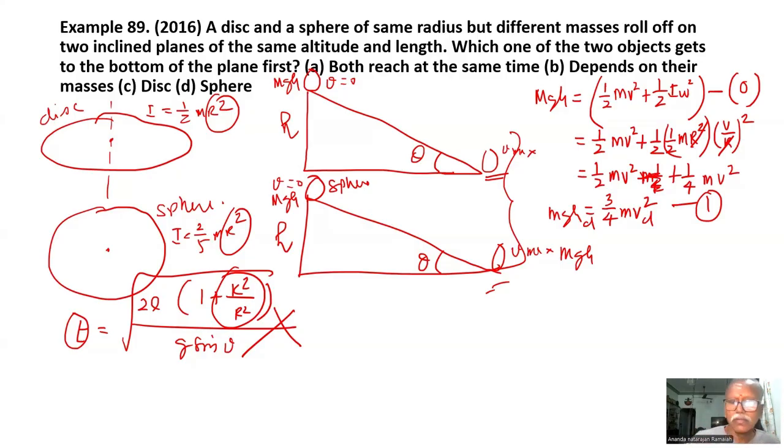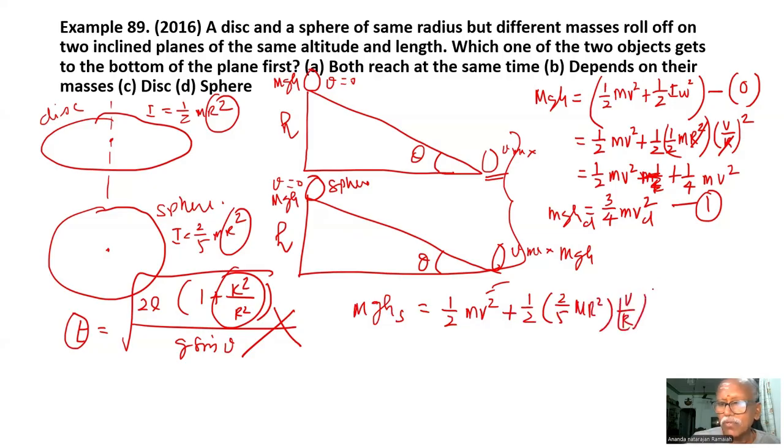For sphere, mgh equals half m v square plus half I, with I equal to 2 by 5 m r square, times v by r whole square.